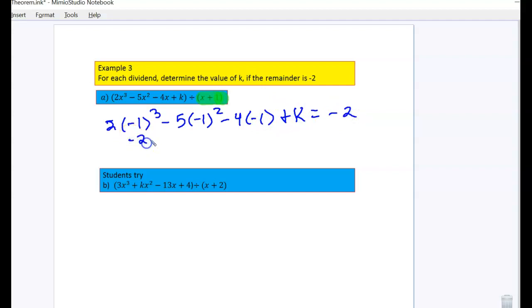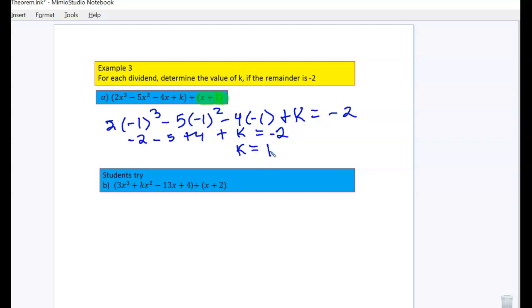So this ends up being negative 2 minus 5 plus 4 plus k equals negative 2. So the left-hand side is going to be negative 7, and negative 7 plus 4 is negative 3. And if I add 3 over to the other side, I'm going to get the value of k to be 1.